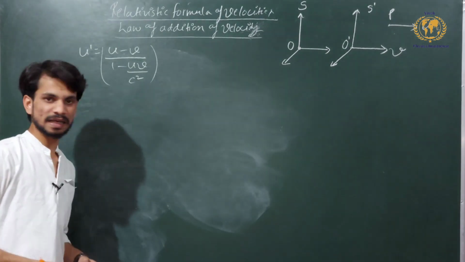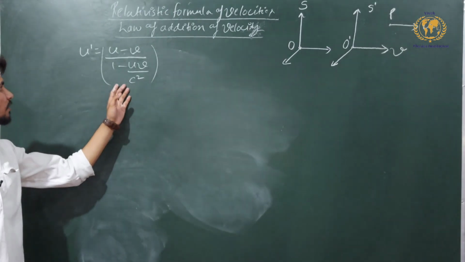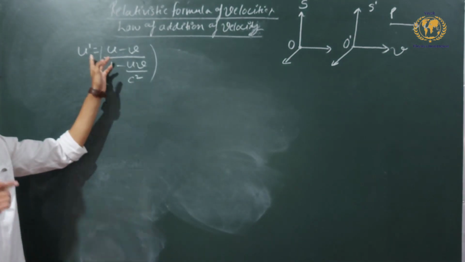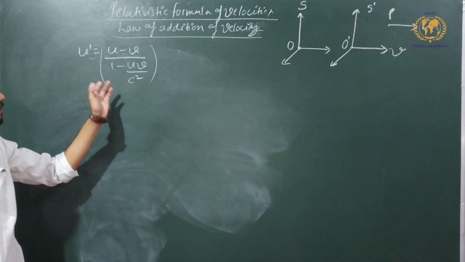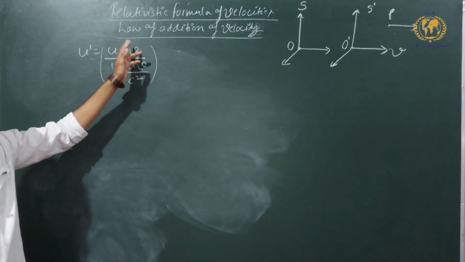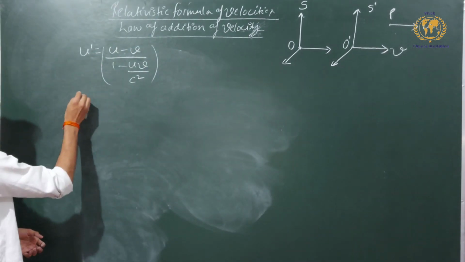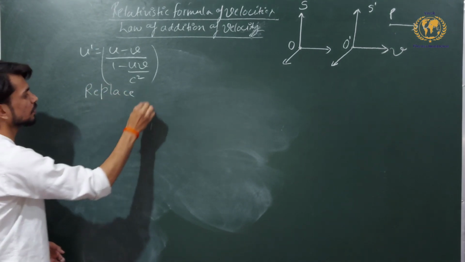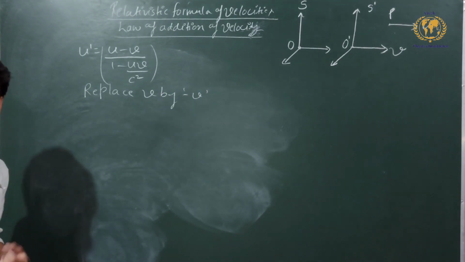By the common rule of classical mechanics, you can also find the formula for u in terms of u dash, as this formula is for u dash in terms of u and v. You can go for the formula of u in terms of u dash by replacing v by minus v and u by u dash. So let's replace v by minus v in order to get the formula of u in terms of u dash.